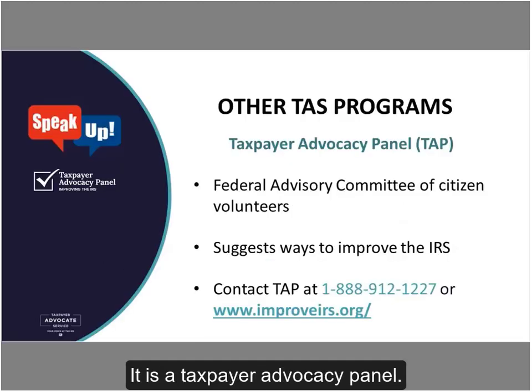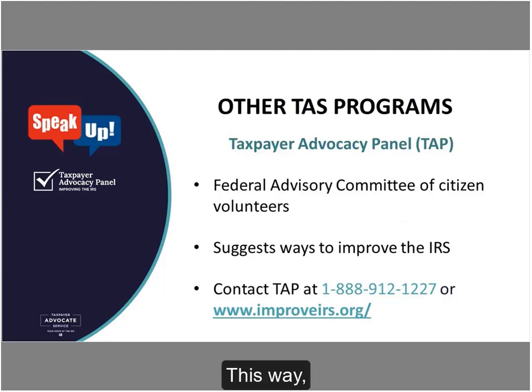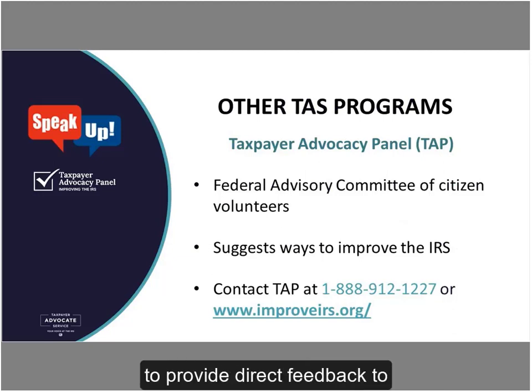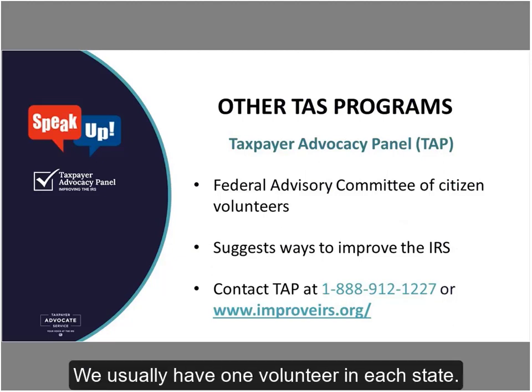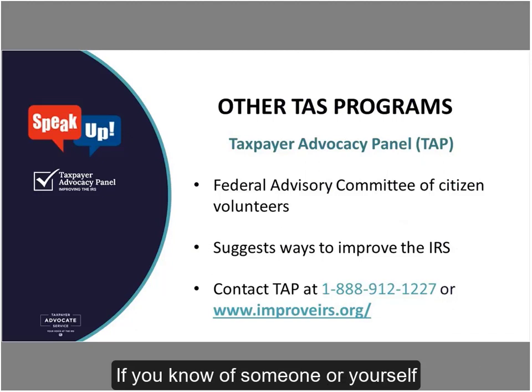Another program is the TAP program. It is the Taxpayer Advocacy Panel. This is a federal advisory committee, an independent panel of citizen volunteers who listen to taxpayers, identify issues, and make suggestions for improving IRS service and customer satisfaction. This way, taxpayers have another opportunity to provide direct feedback to the IRS through TAP. We usually have one volunteer in each state, and someone in the U.S. territories and overseas.